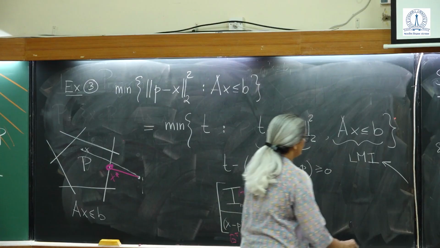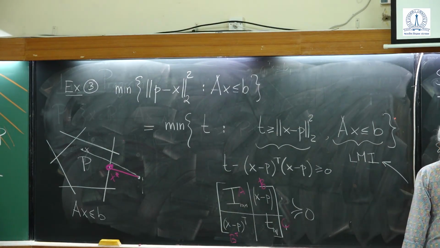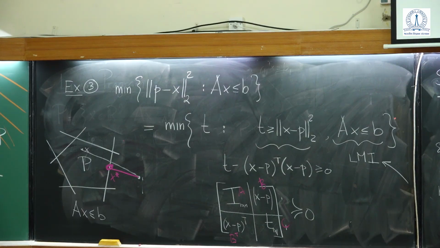So at the end of the day, what we have is we are minimizing T subject to the condition that the matrix with I, X minus P, (X minus P) transpose, T is PSD.